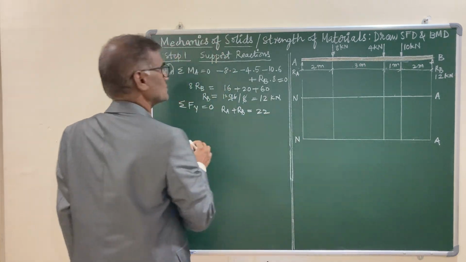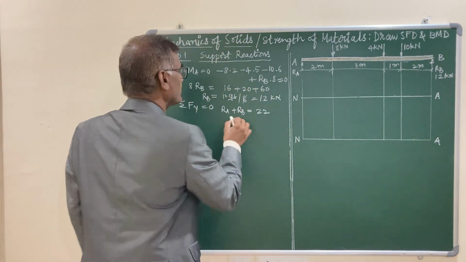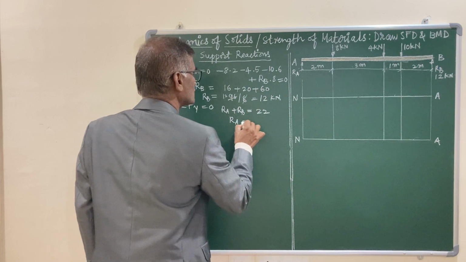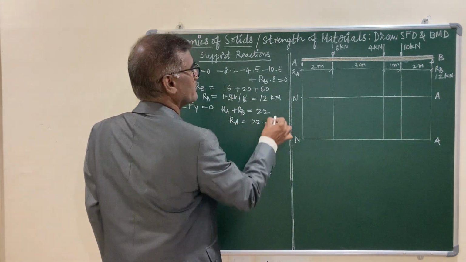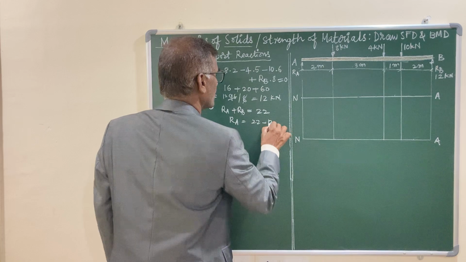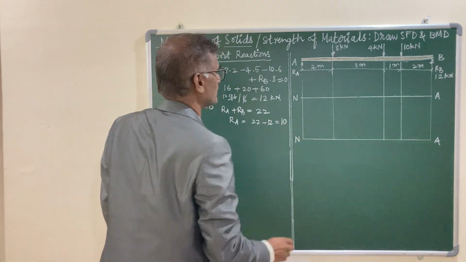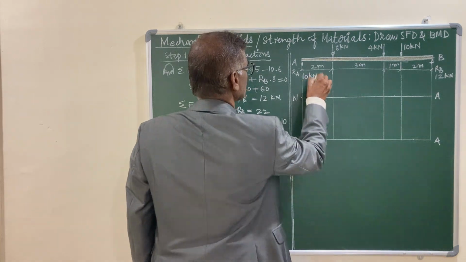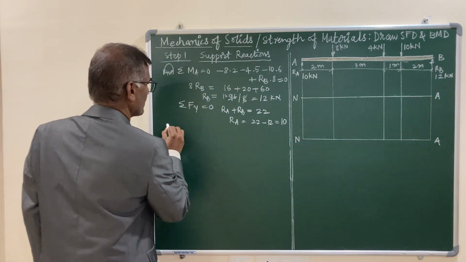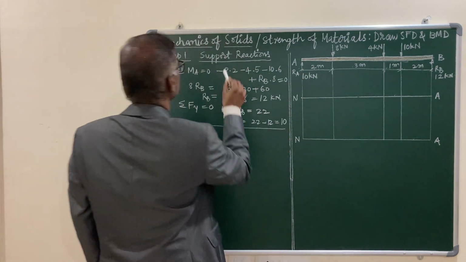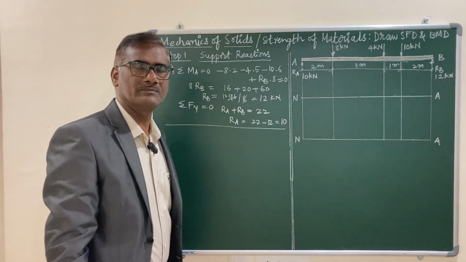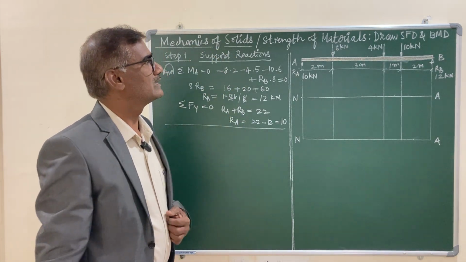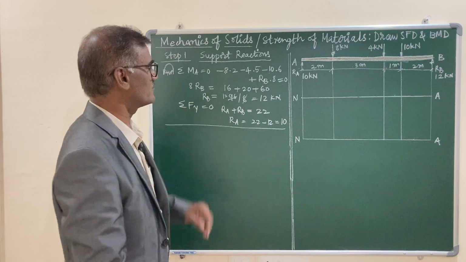So you are interested in RA, so RA equals 22 minus RB. RB you got is 12, and this value is 10 kilonewtons. Your RA is 10 kilonewtons. So this is the very first step of the problem, determining the support reactions for a simply supported beam as well as an overhanging beam.